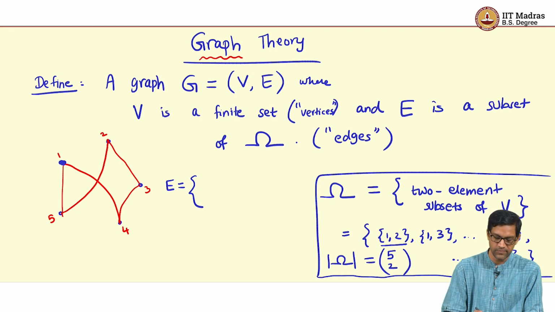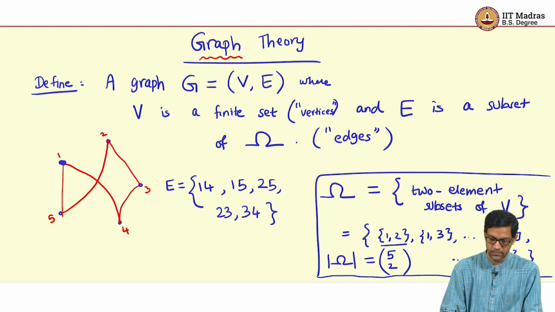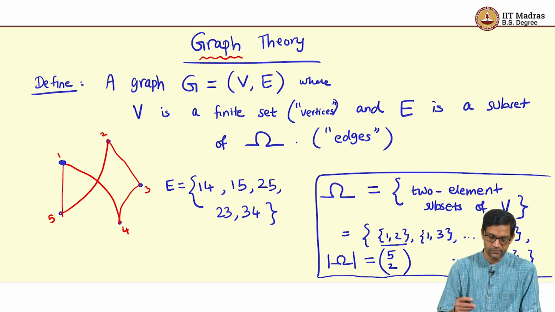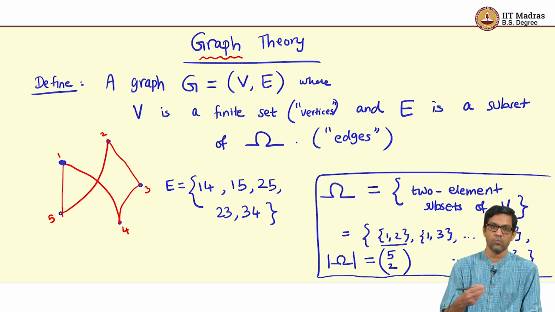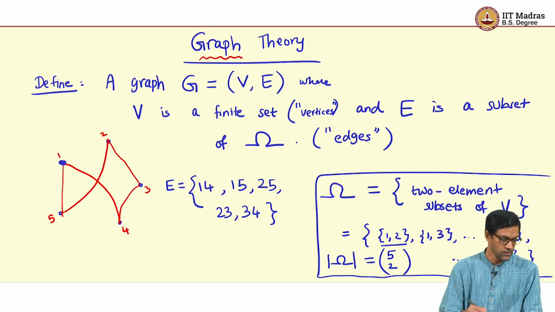We say, okay, the set of edges, for example, in this case for this graph, there is an edge connecting 1 and 4, so I will just write it as 1 4, there is an edge connecting 1 and 5, 2 5, 2 3 and 3 4. Okay. So, there are 5 edges, and those are the 5 of them here. Okay. And again, when I write 1 4, I could have also written it as 4 1, for example, and that is the same thing. So, that is what a graph is informally and formally, in fact.